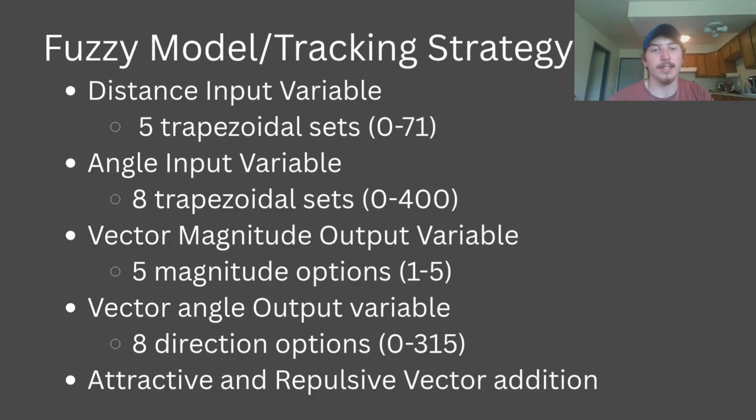The way this works is both the distance and angle between the agent and the target and the agent and an obstacle are calculated and added together via vector addition. There's a threshold of 10 position units between the agent and an obstacle before it begins adding to the vector that the agent is called to move to track the target.